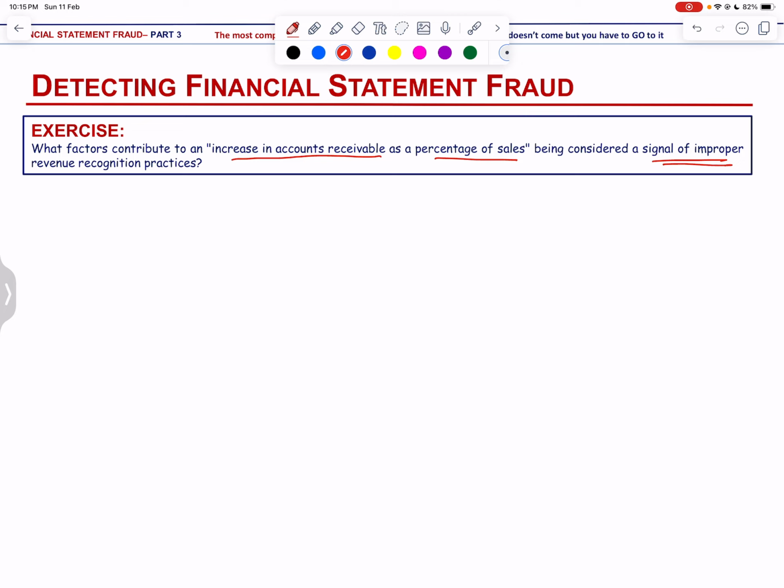Now, this trend could indicate several potential issues, including a decline in customers' ability to make timely payments, premature revenue recognition, or even the inclusion of fictitious revenue. Now, while this signal alone does not provide conclusive evidence of any specific problem, it serves as a concerning indicator.